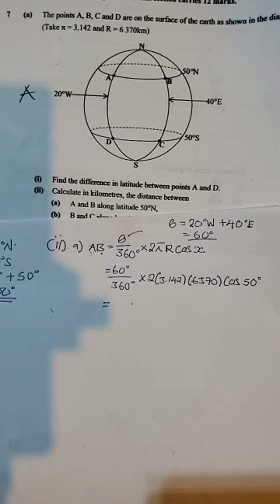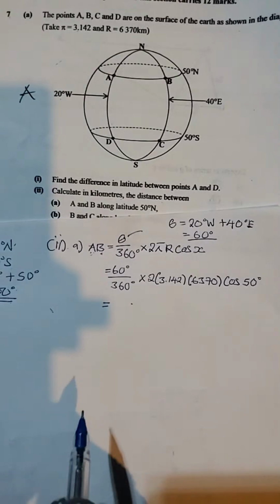Let's calculate together. 60 divided by 360, multiplied by 2 times 3.142 times 6370, then cos 50. All right, this is giving me 4,288.